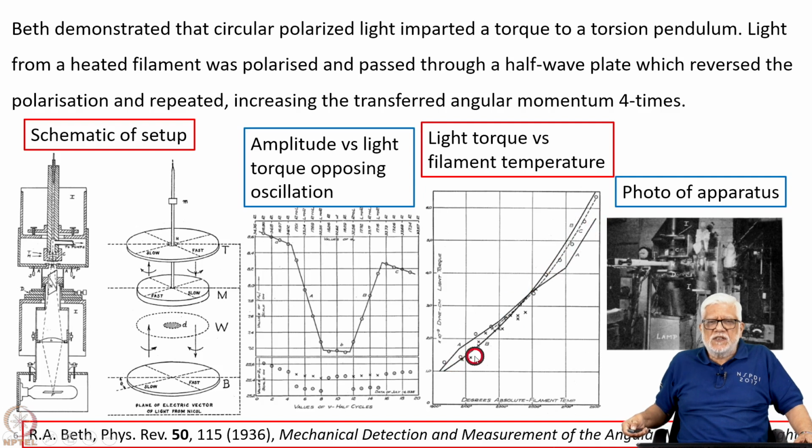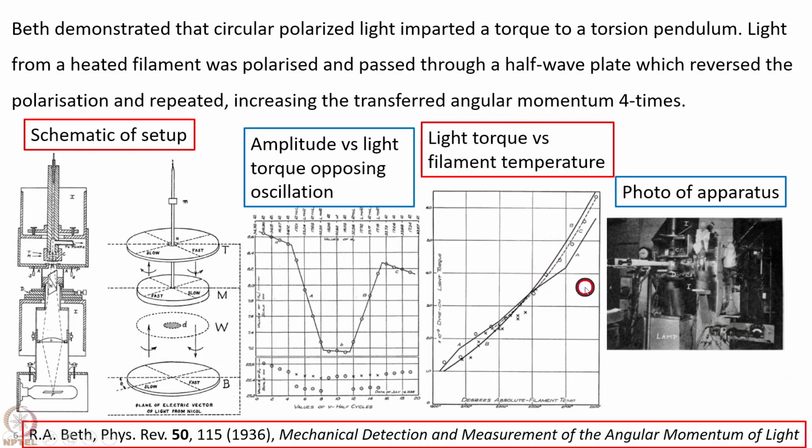Therefore this so-called light induced torque increases, and it goes in the right way, very different from what you would expect classically. So this was again a very direct measurement that photons actually carry angular momentum.